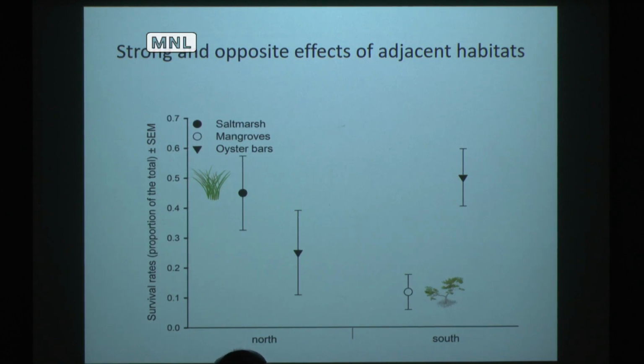Now we see survival of juvenile oysters adjacent to salt marsh in the black circle, and survival of juvenile oysters adjacent to black mangroves in the open circle. And we have some interesting results in that there are opposite effects of adjacent habitats.